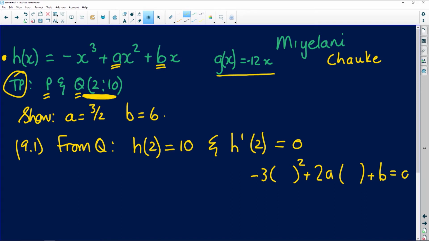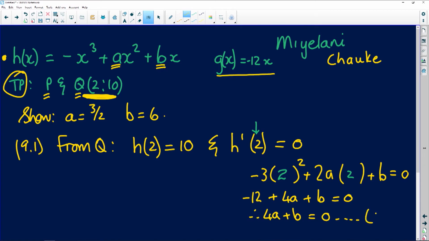That derivative is 0, and everywhere where there was an x, I substitute my value of 2. It just saves time. So minus 3 times 4 is minus 12, plus 4a plus b is 0. I can throw the 12 over. So I get 4a plus b equals 12. I'm going to keep that in the wings and come back to that later.